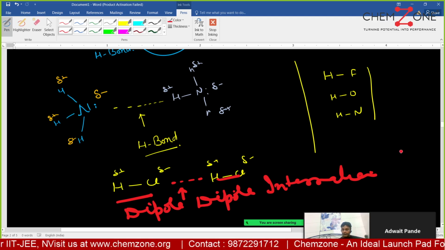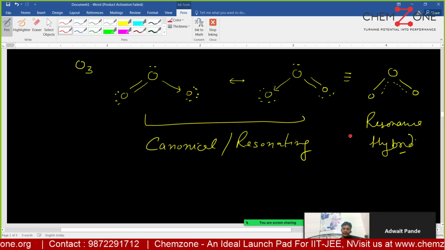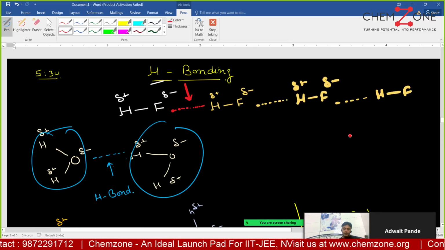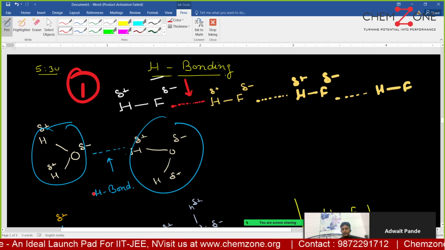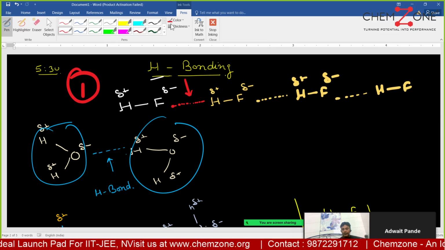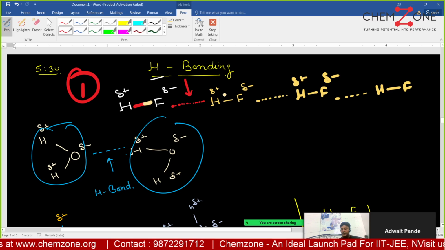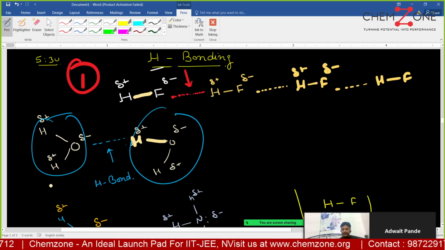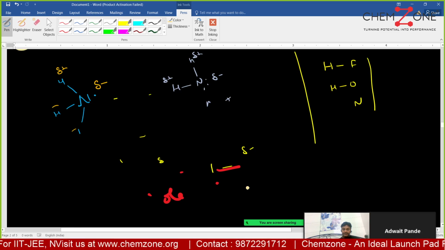Okay, wait. First of all, understand the first example of hydrogen bonding that I have given here between two HF molecules. This hydrogen is bonded to fluorine, then only it can show hydrogen bonding. In the second case, in water, hydrogen is bonded with oxygen, then only it can show hydrogen bonding. Is that clear? In the third case, the hydrogen is bonded with nitrogen, then only it can show hydrogen bonding.